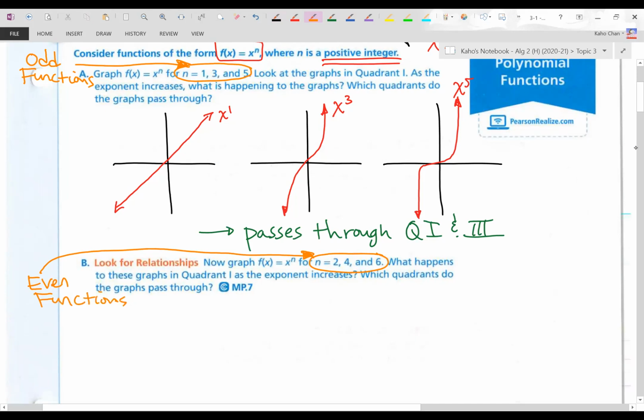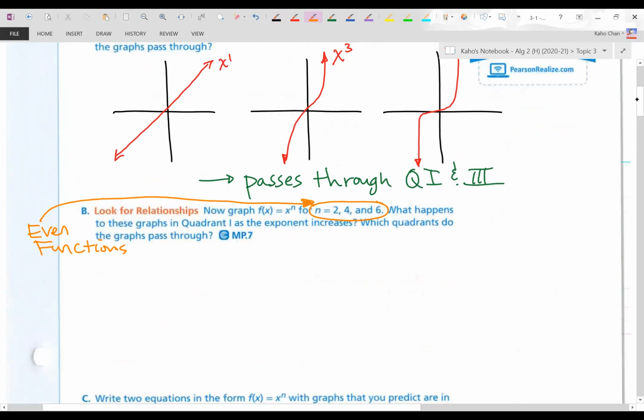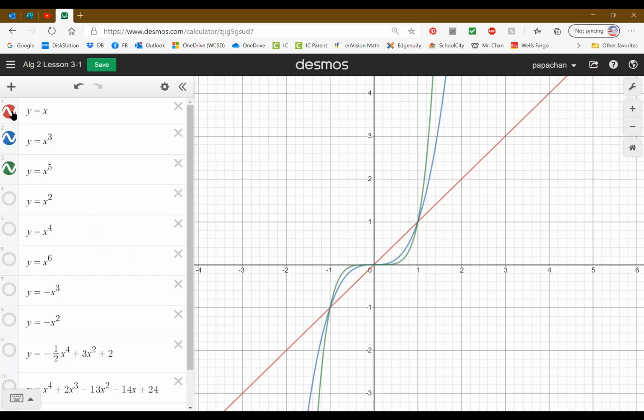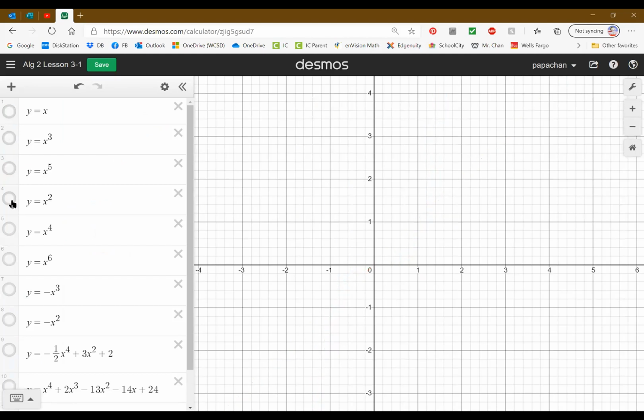We're going to take a look at 3 of them, 2, 4, and 6, and see what happens there. I'm going to switch over to, of course, Desmos to show you that particular scenario. Here we go. So we just did the odd ones, turn those off. Let's do the even ones.